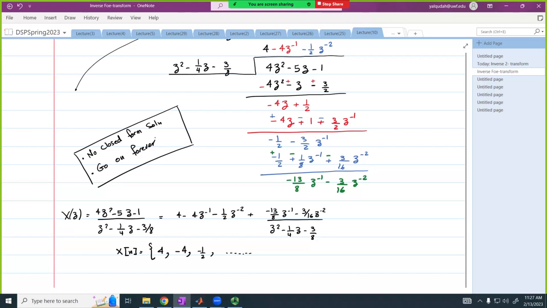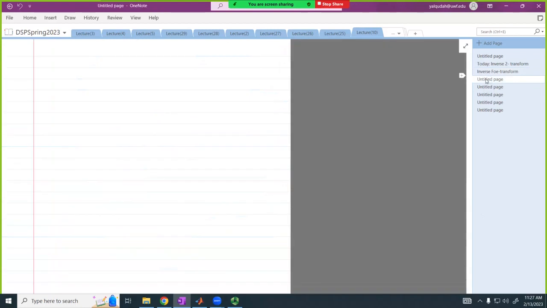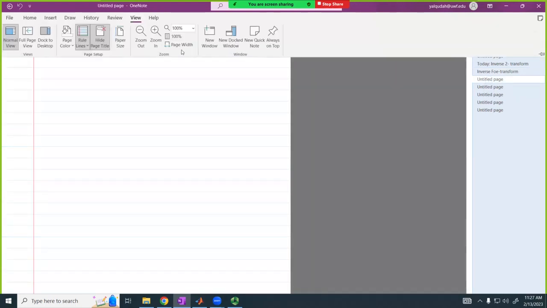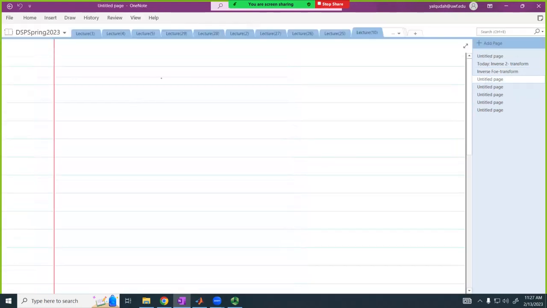The second method, or the third method, but the second that we're going to be covering, is using partial fraction expansion. What do we do with partial fraction expansion?